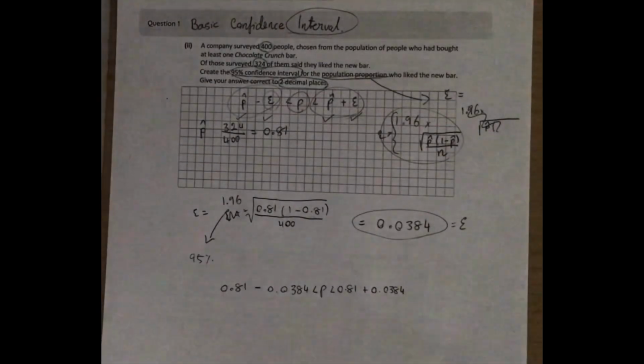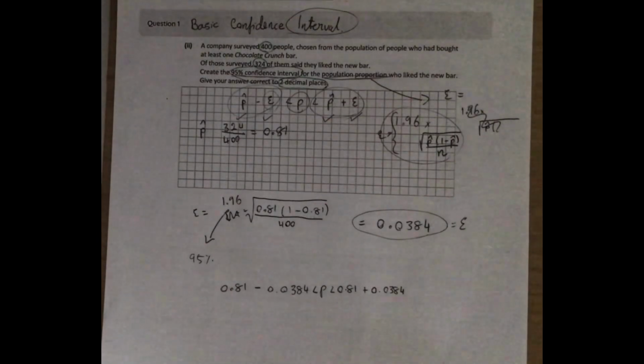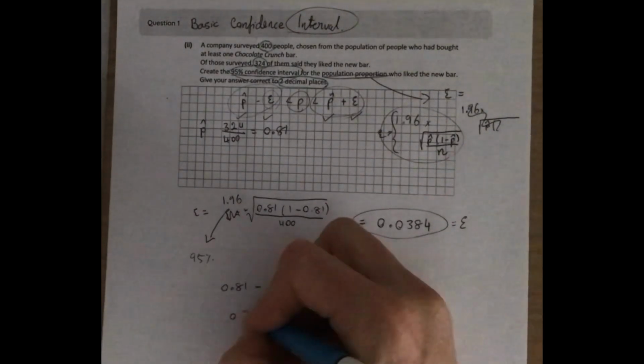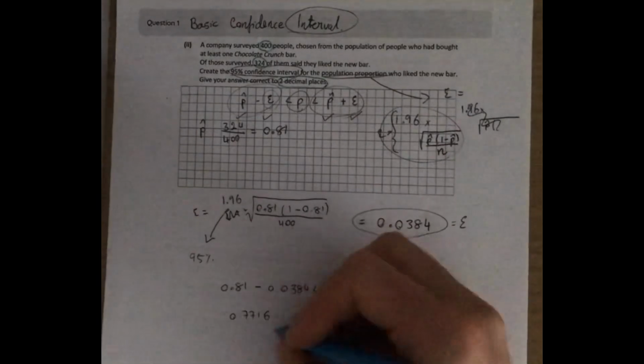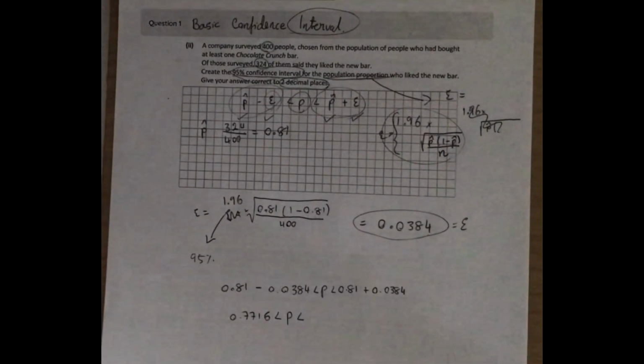So when we get out our calculator again, we type this in and figure out what it comes to. So 0.81 minus 0.0384 is equal to 0.7716, less than P, less than the exact same thing, just we add it.